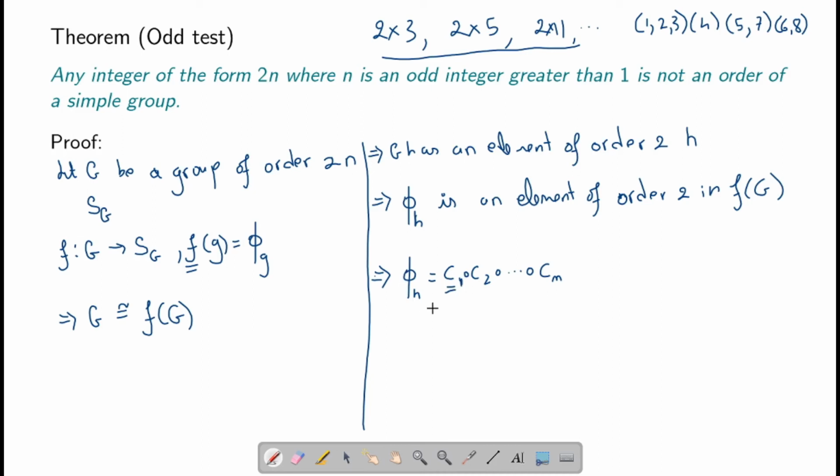Okay, so as φ_h is an element of order 2, and the order of a permutation is the LCM of the lengths of the cycles, this means that the length of each of the C_i divides 2, and therefore the length of C_i can either be 1 or 2.